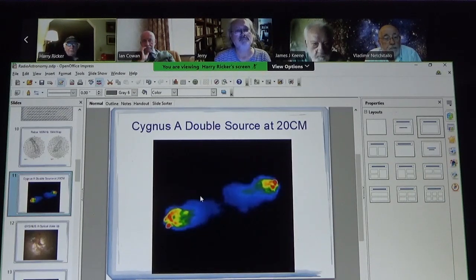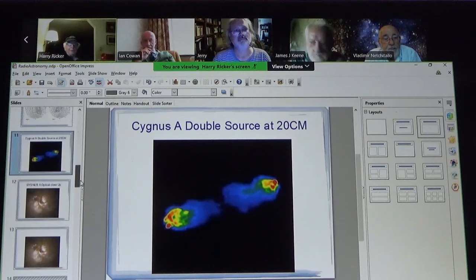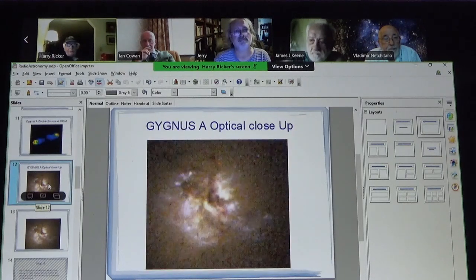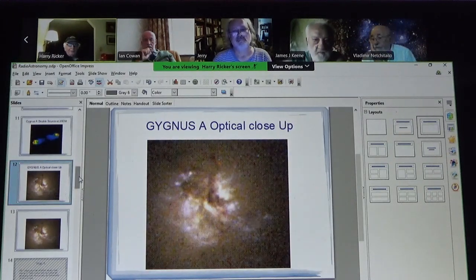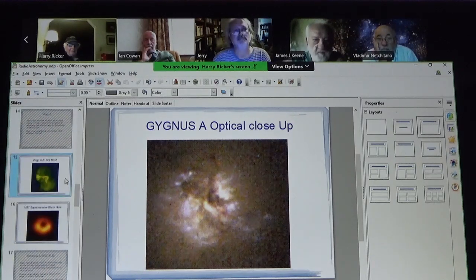A black hole is at the center here, squirting out all this energy that's creating these radio lobes. That's the theory they're promoting. Here's the picture of it. I don't see a black hole in there, but anyway.